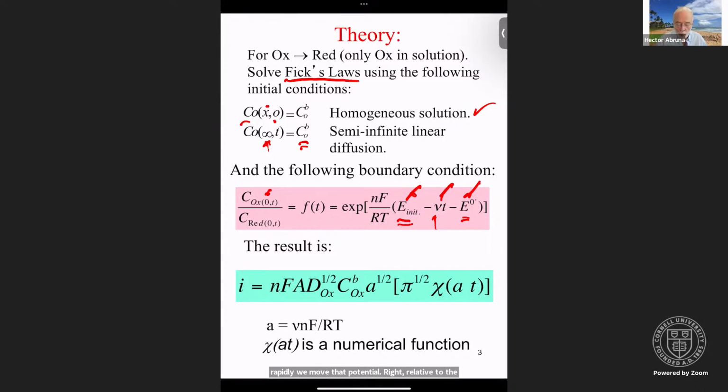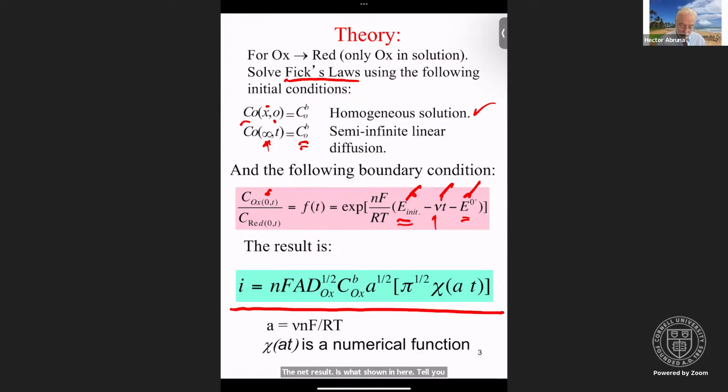Because of the way this boundary condition works, it does not have a closed solution, so you have to solve it numerically. The net result is what's shown in here.